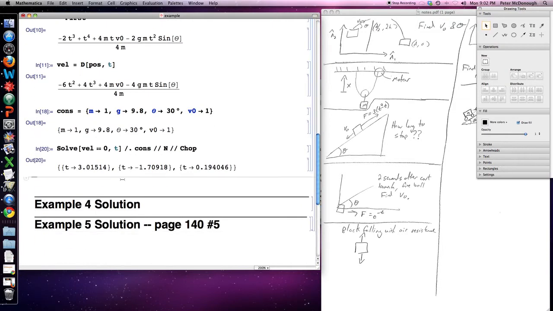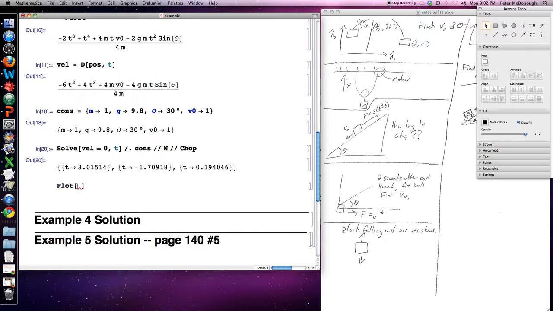All right, let's plot this out. So we've got my velocity right here. Let's plot my velocity function over t from t equals 0 to 3 seconds. We need to replace these constants, /. constants.